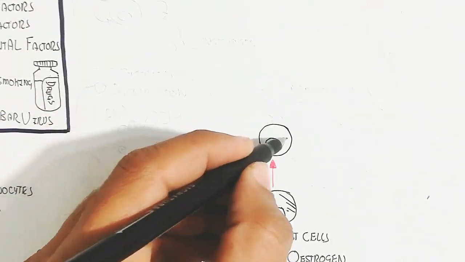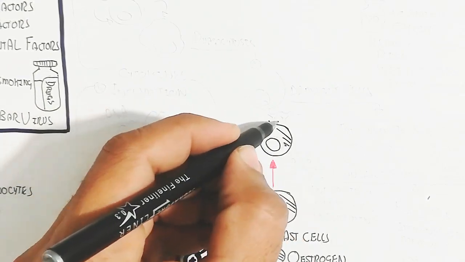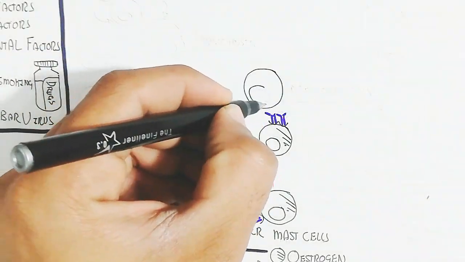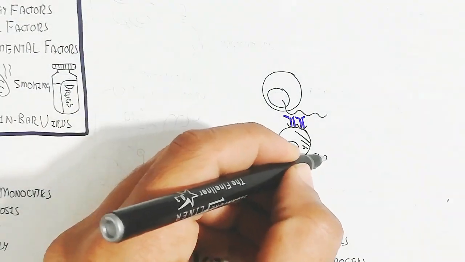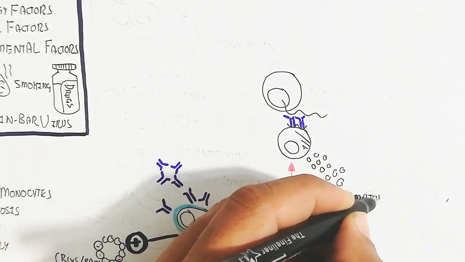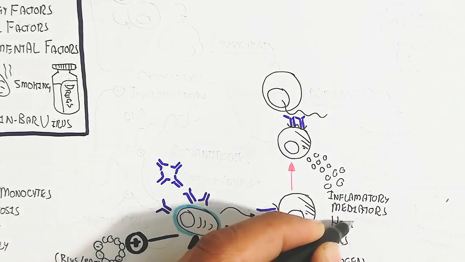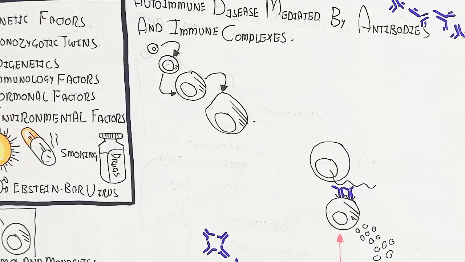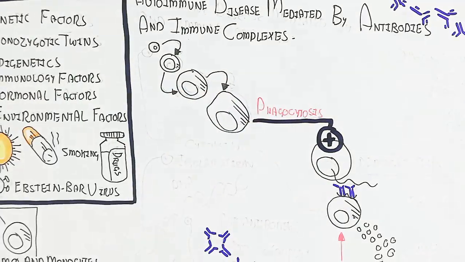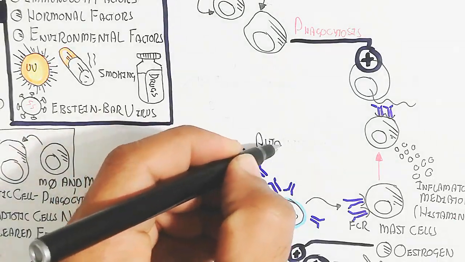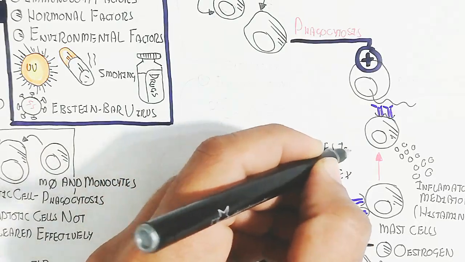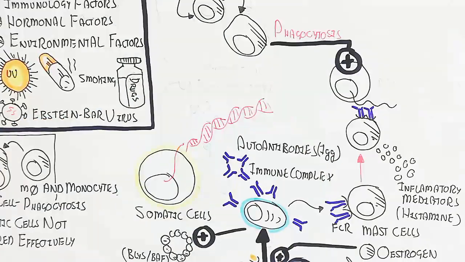So this mast cell, after the Fc receptor binds with the Fc portion of the antibodies, will recognize the antigen, and in this way the mast cell will degranulate to produce inflammatory mediators like histamine. In this way the inflammation will progress more, as well as recruit phagocytes like macrophages from the monocytes, leading to endocytosis, phagocytosis, and the autoantibodies, which will lead to immune complex formation.